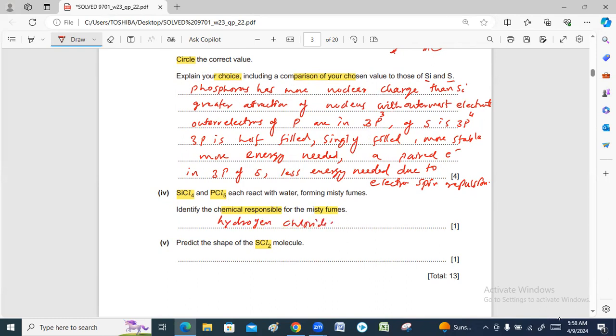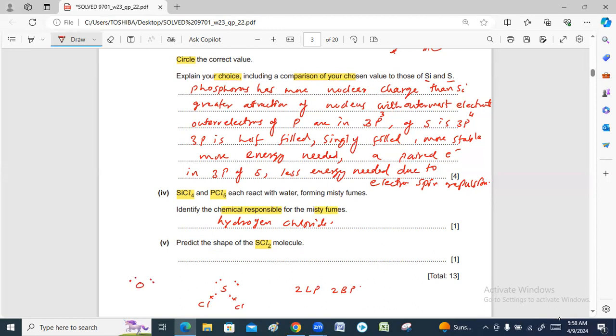Then to predict the shape of SCl2: S has 6 electrons, so these are the 6 electrons. Then two electrons are used in bonding with chlorine. So we can say that SCl2 contains 2 lone pairs and 2 bond pairs. This is a structure like water.